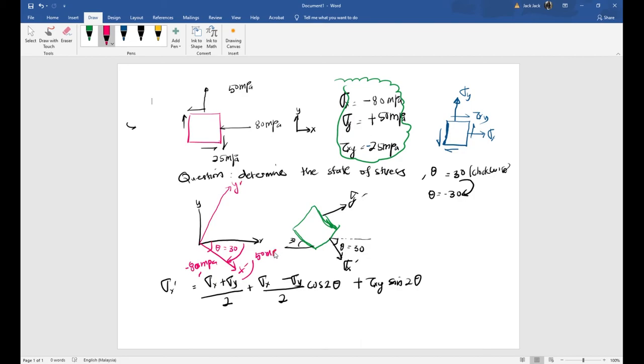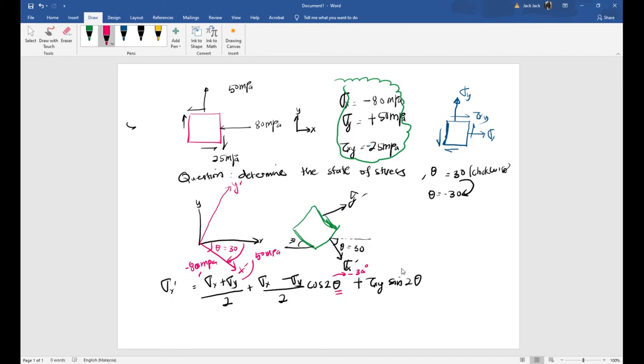Be careful with the unit. Sigma x no problem, sigma y no problem, and then your theta here is equal to minus 30 degree. Why? Because the axis is rotated clockwise 30 degree downward.